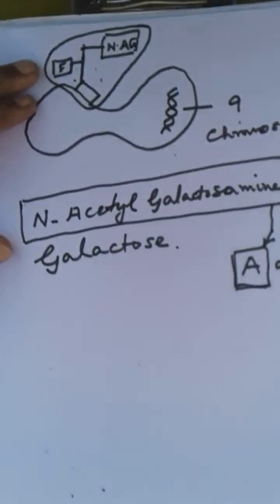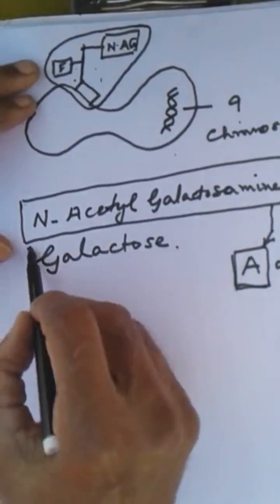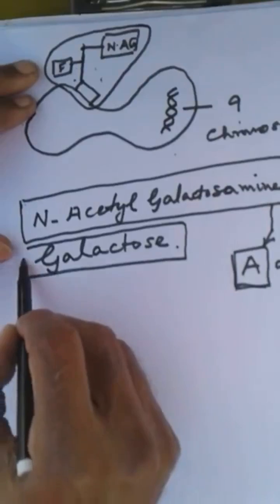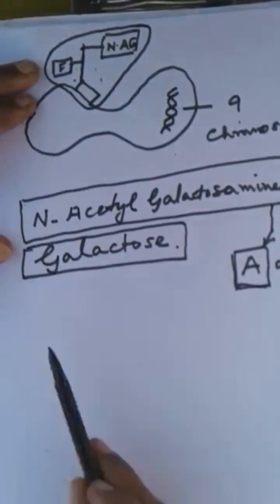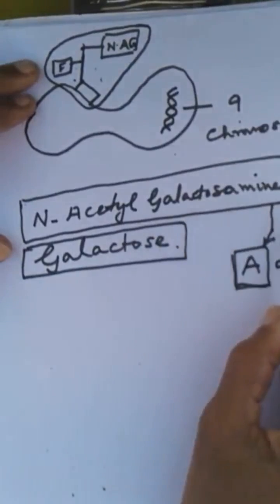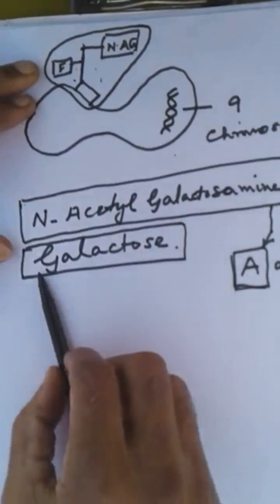Now, what about B? Here I wrote another substance, galactose. Galactose only. Here it is acetyl galactosamine, that is another substance, and this is galactose alone.